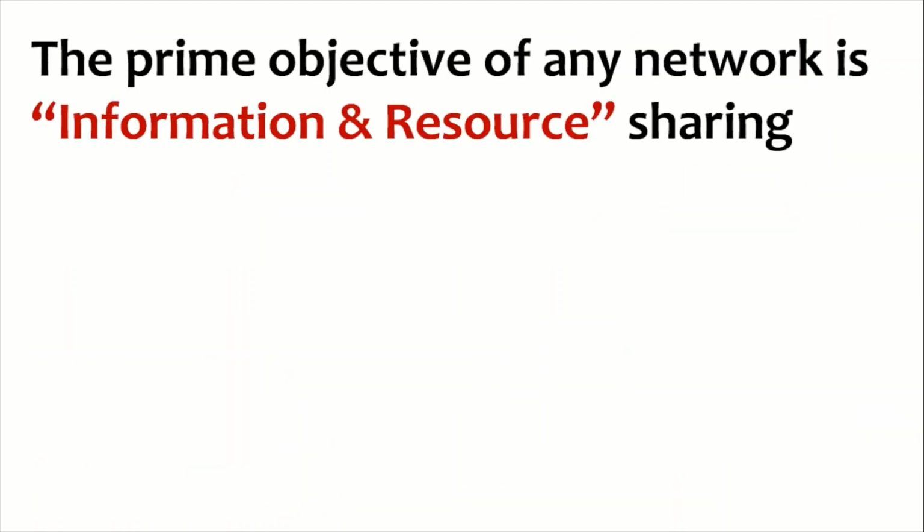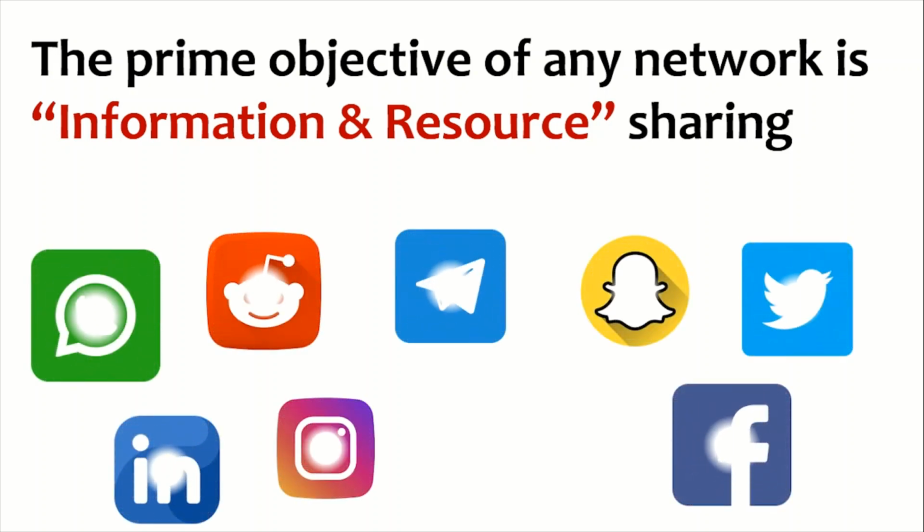The prime objective of any network is information and resource sharing. I'm talking about any network. Let's say your WhatsApp network, your LinkedIn, Instagram, Facebook, Twitter. All these are networks, and the prime objective is information and resource sharing.